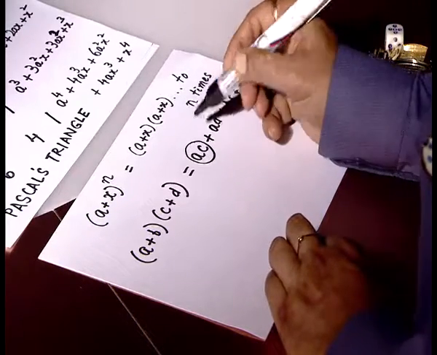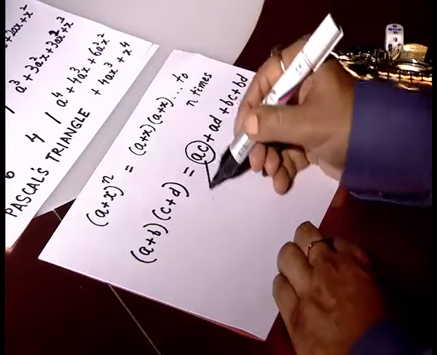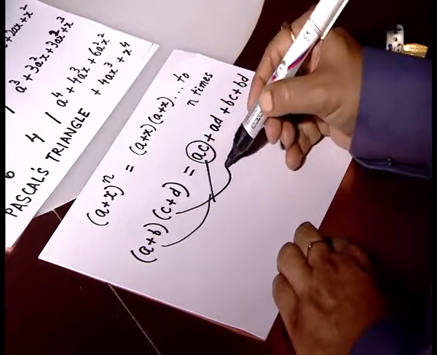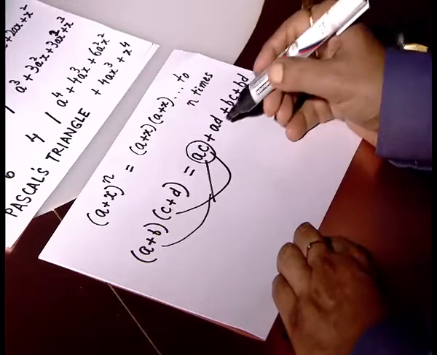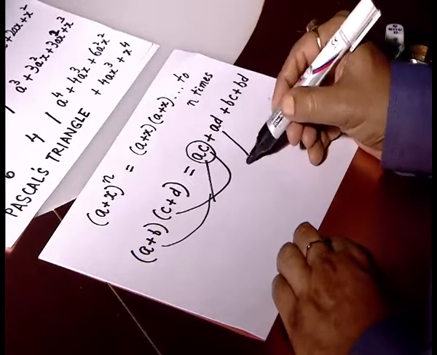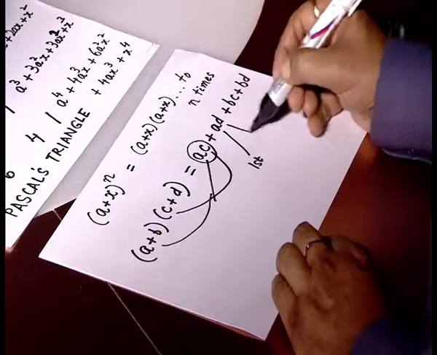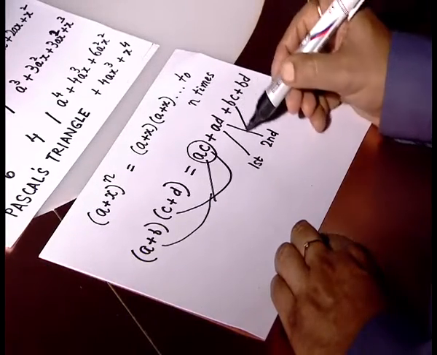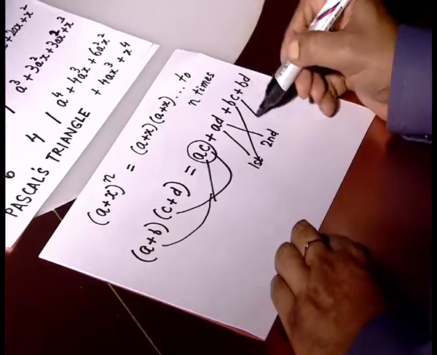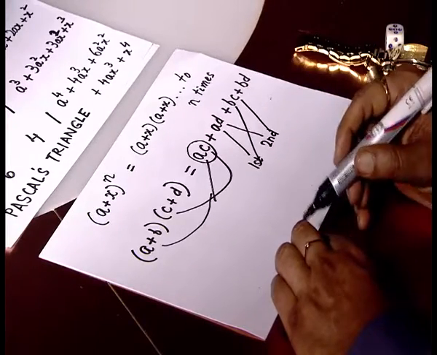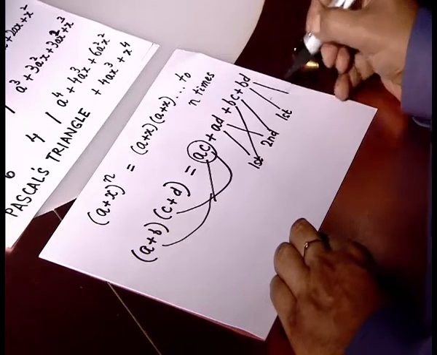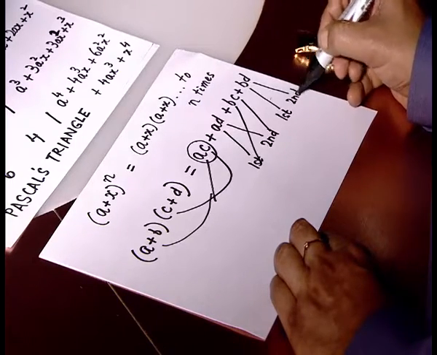Let us examine AC. A has come from the first bracket and C has come from the second bracket. AD, A has come from the first bracket, D has come from the second bracket. BC, B has come from the first bracket, C has come from the second bracket. BD, B has come from the first bracket, D has come from the second bracket.